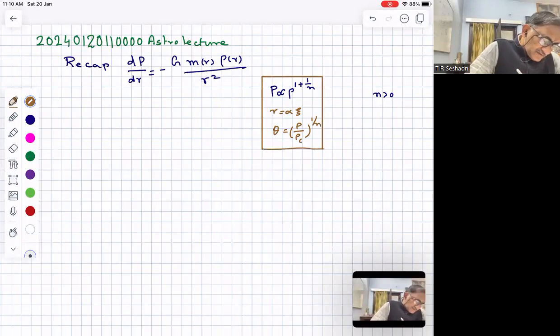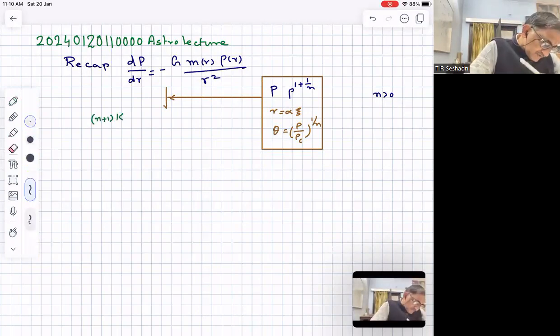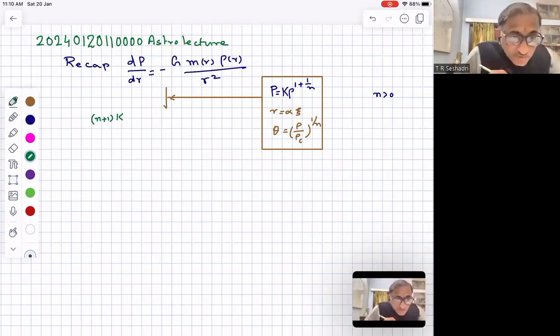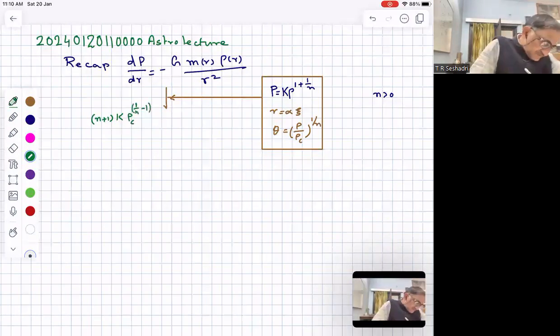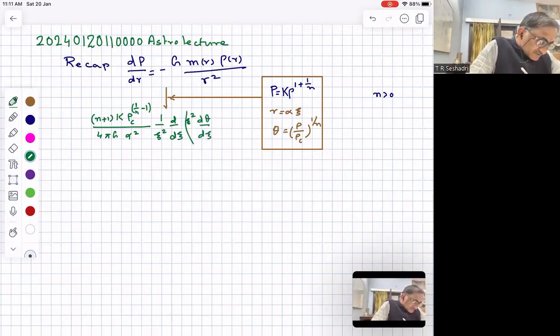And when I put all this in, I get n plus 1 into k, where k is just the proportionality factor, into the central density to the power 1 by n minus 1, divided by 4 pi G alpha squared, times 1 by xi square d by d xi of xi square d theta by d xi is equal to minus theta power n.